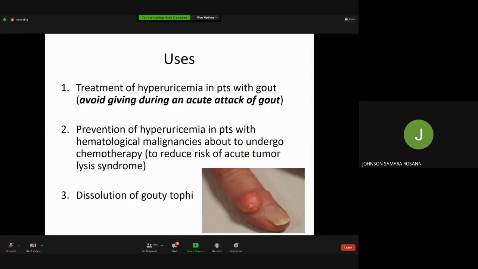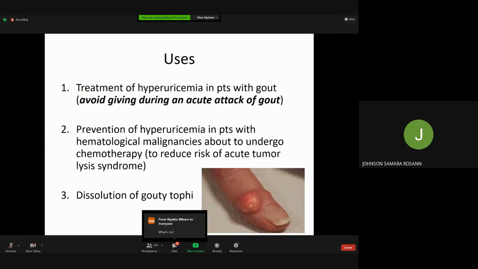That is what is called tumor lysis syndrome, where you have given chemotherapy to a patient with a hematologic malignancy, and you start having breakdown of the malignant cells. This includes release of potassium, phosphate, and even uric acid. So to reduce that risk of tumor lysis syndrome, where you'll have elevated uric acid from the breakdown of the cells, you give allopurinol as prophylaxis.